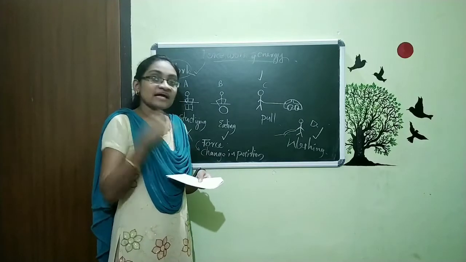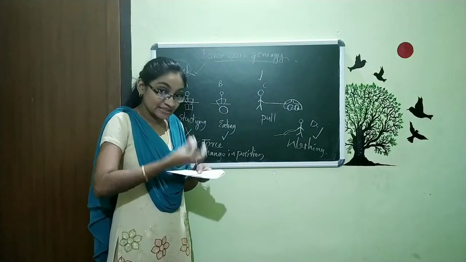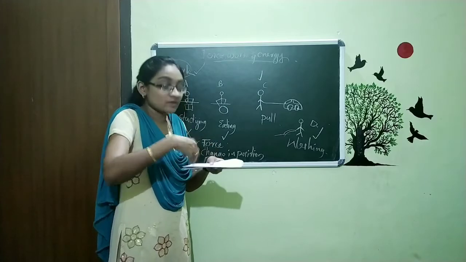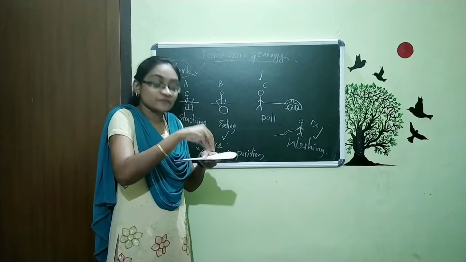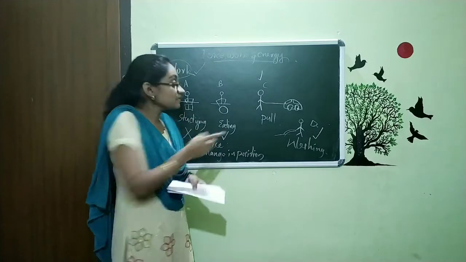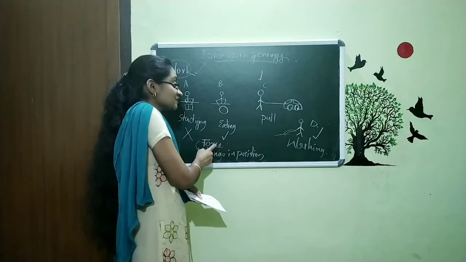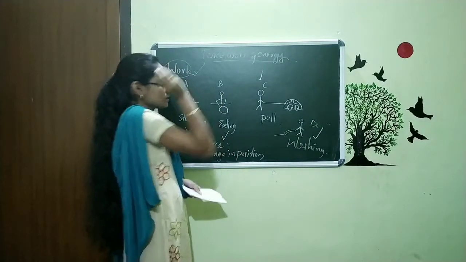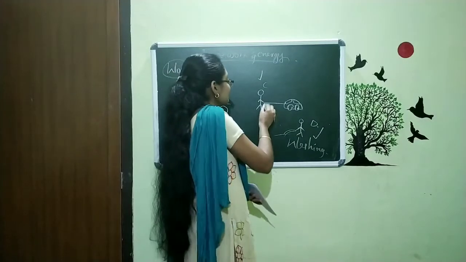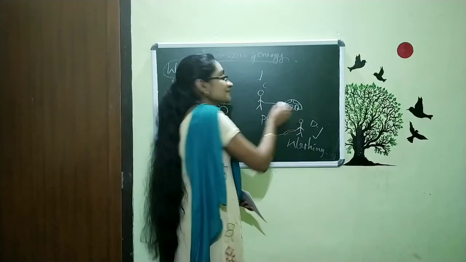His hand is moving. He is applying a certain force on the objects on the plate, and the food is moving from the plate to his mouth. So there is a position change with the help of the force, so we can say work is done here. And this child is pulling this car.